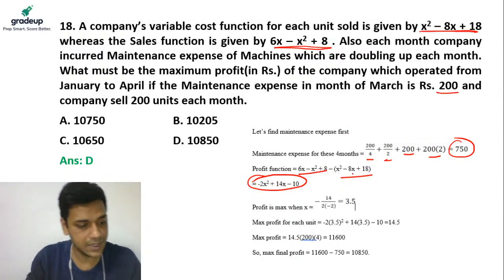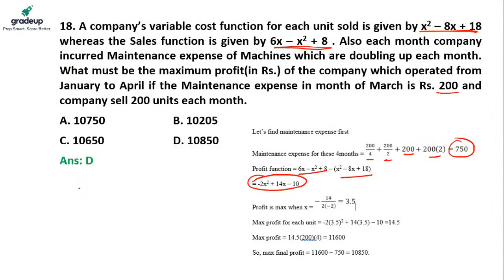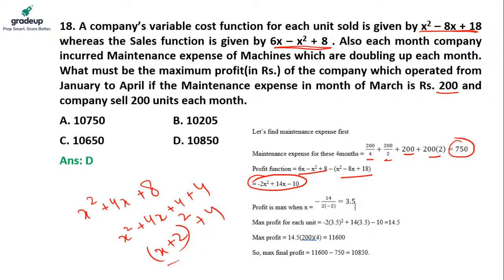For example, if I say x square plus 4x plus 8, can I say this number can be written as x square plus 4x plus 4 plus 4, which means it is (x plus 2) whole square plus 4. Now this number will always have a minimum value.